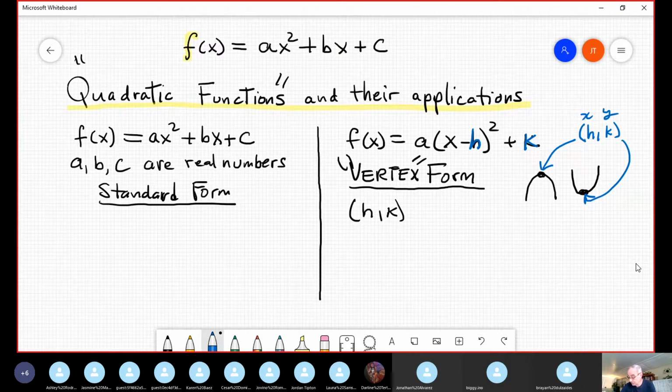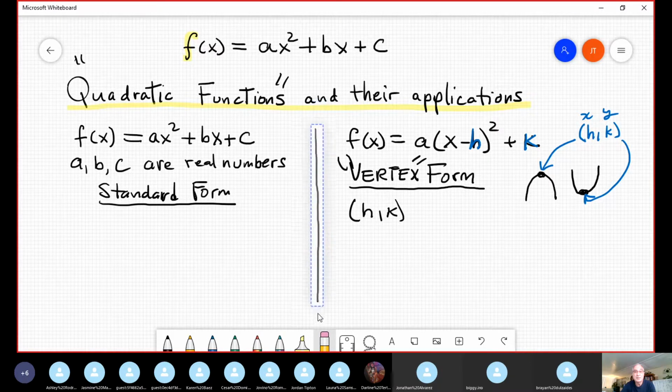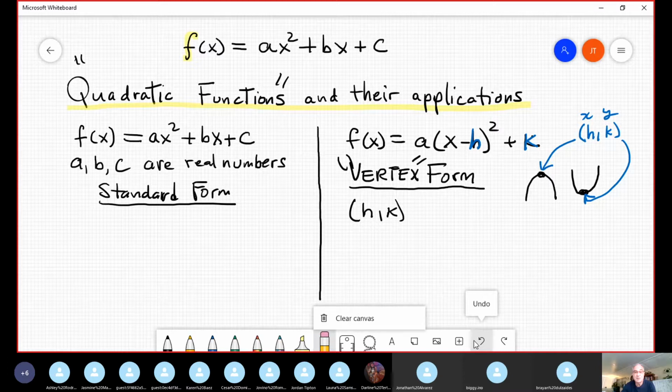So we study the advantages and disadvantages of the two different ways, standard and vertex form. Now, what is most convenient to represent the function in a specific case or not.